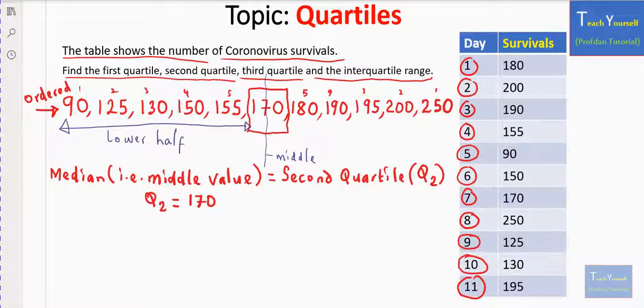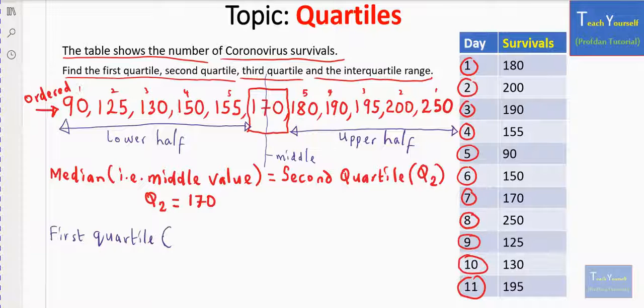Okay, and all the values after the median, the middle value, or the second quartile, is what we call the upper half. Okay, so here is the question. How do you now find what we call the first quartile?